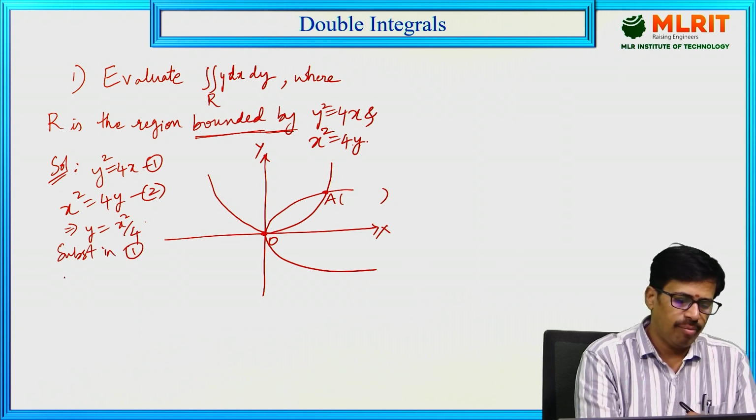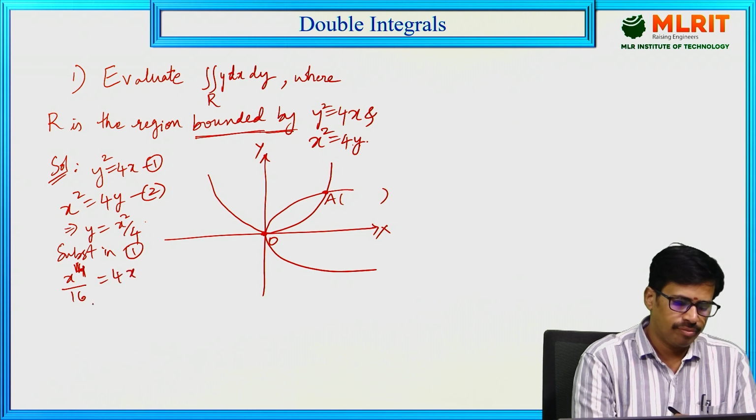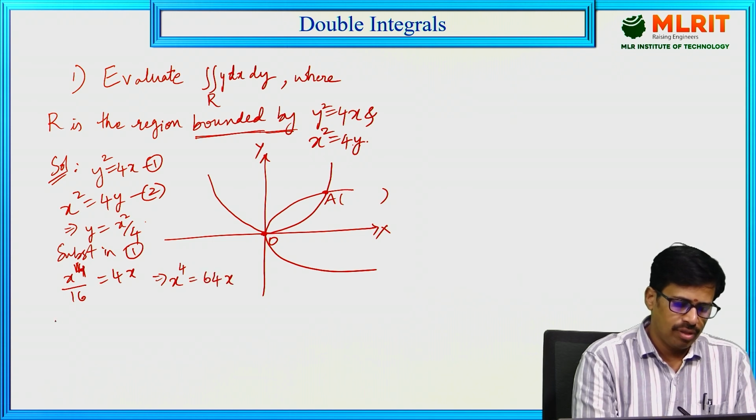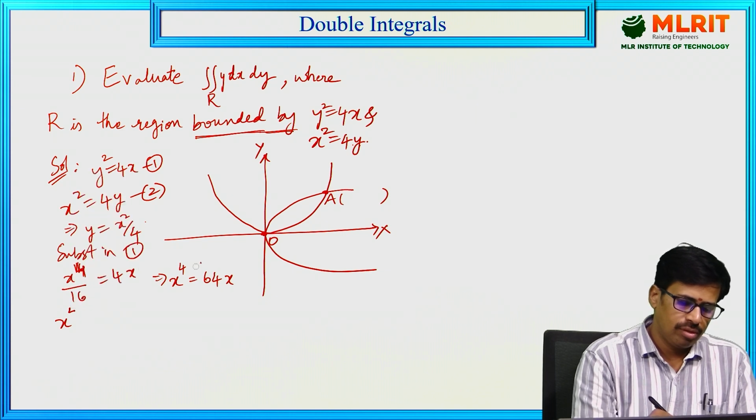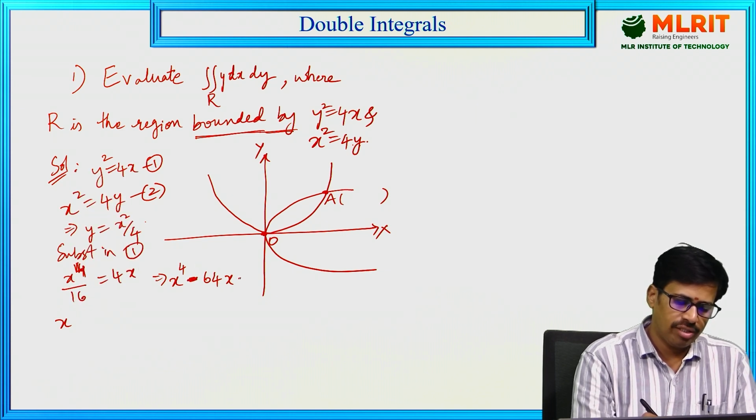So y square means x power 4 by 16 equal to 4x. So this implies x power 4 equal to 64x. So x power 4 minus 64x equal to 0.